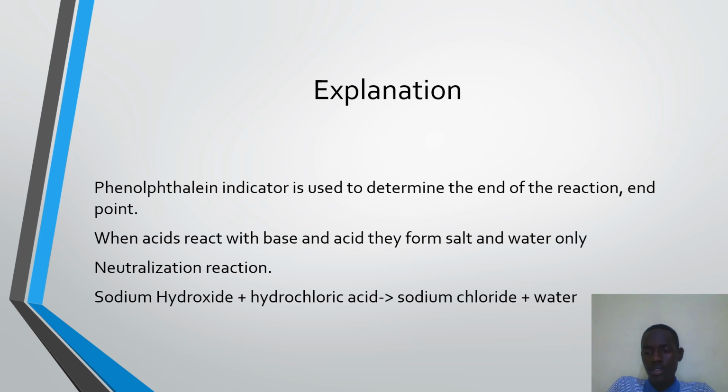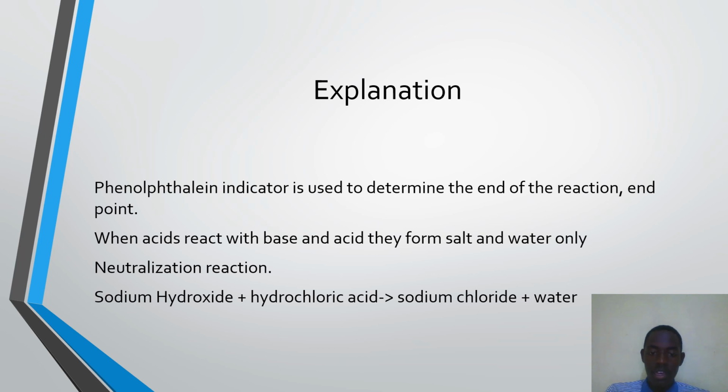This brings me to the comparison between an acid and a base. The general and most obvious comparison is the taste. Acids have a sour taste while bases have a bitter taste. Acids have a pH below 7, as we saw earlier, and bases have pH values above 7.